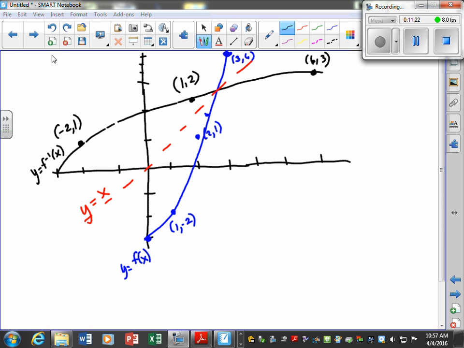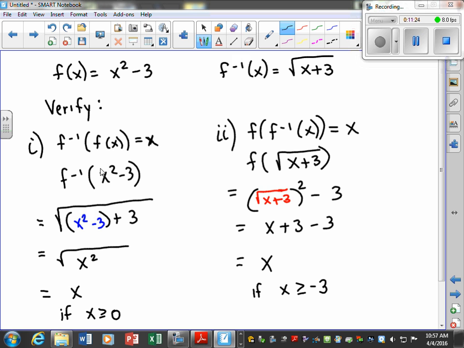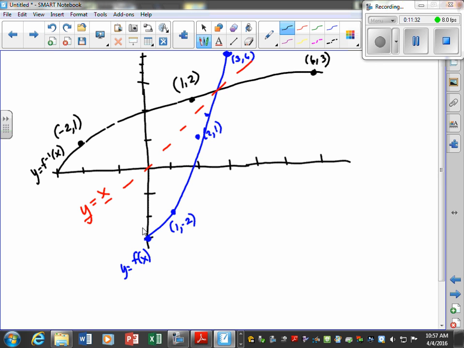Okay, I want to show you that for this one, our original function, x is greater than or equal to 0, because that was given in our original equation. So our f of x, we said for the x values greater than or equal to 0. But what about our f inverse function? It'll be for x values what?